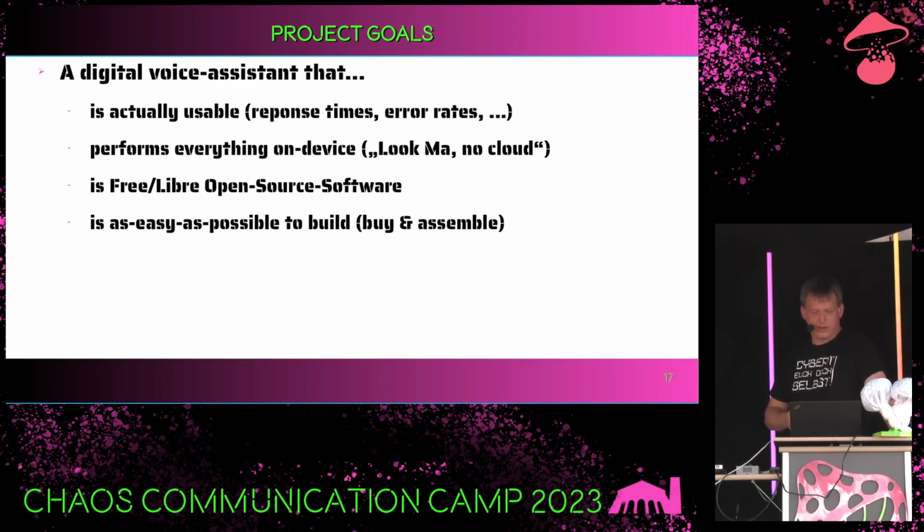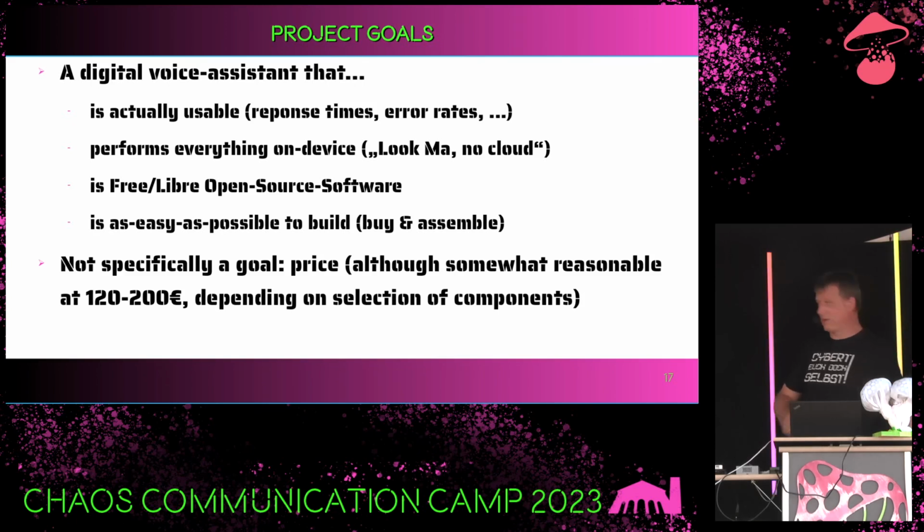So I essentially try to make it as easy to build as possible, and also use components that are rather readily available. And yes, Pis are hard to get nowadays, but the situation is getting better, so I would hope that they'll become available again.